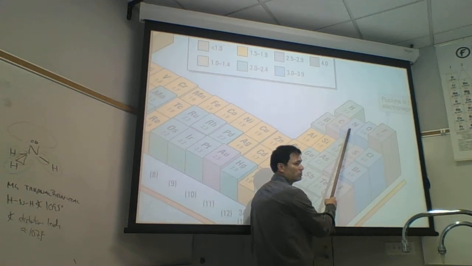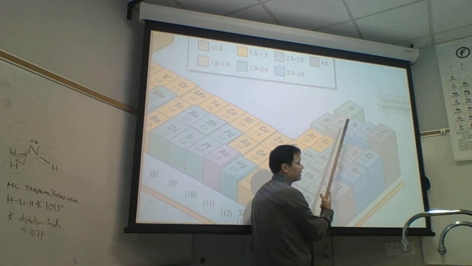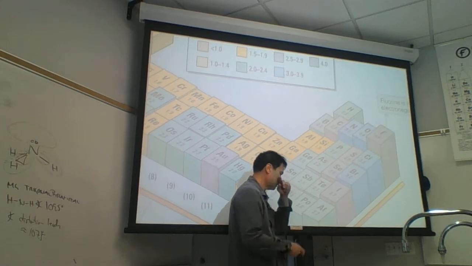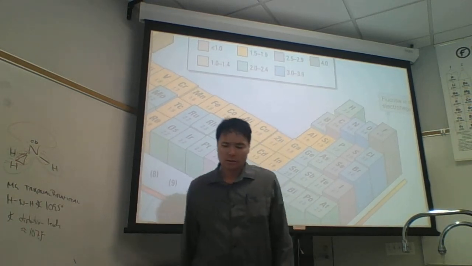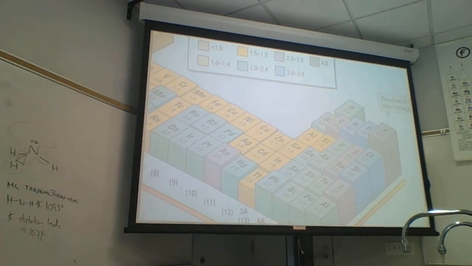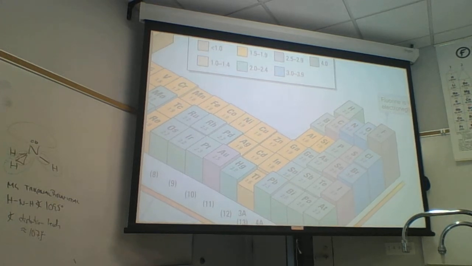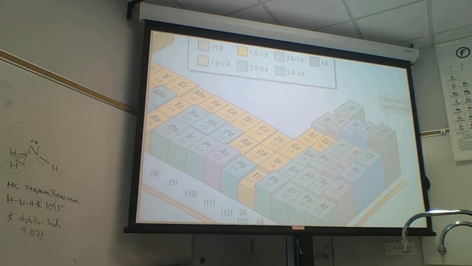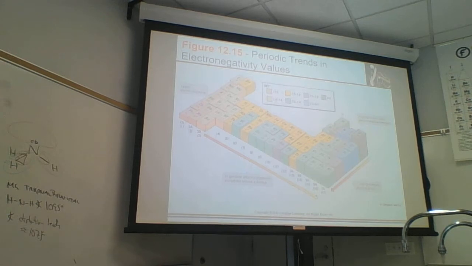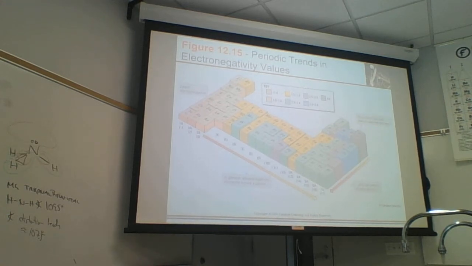Why would nitrogen be the winner? It's because of its smaller size, which makes it more electronegative. So these numbers are a little bit tricky in the sense that there are additional things that you have to know, but we're not going to get into it just yet.